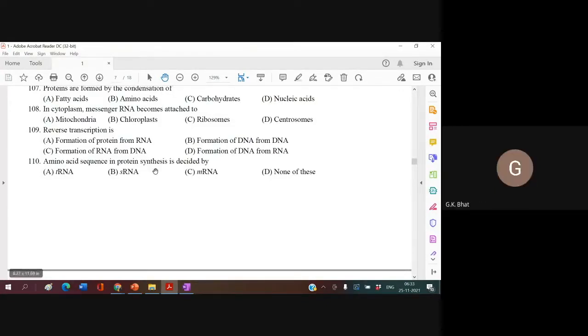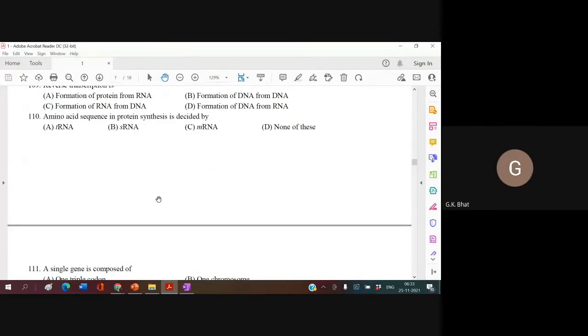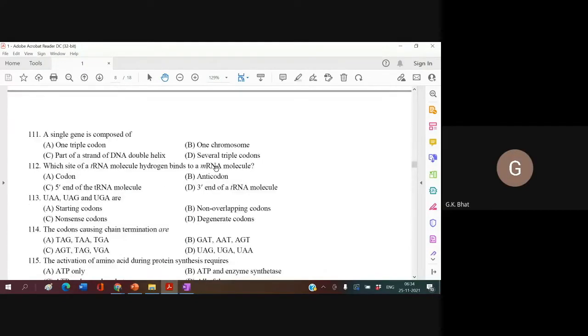C. 109. D. 110. A. The amino acid sequence in protein synthesis is decided by C, mRNA.